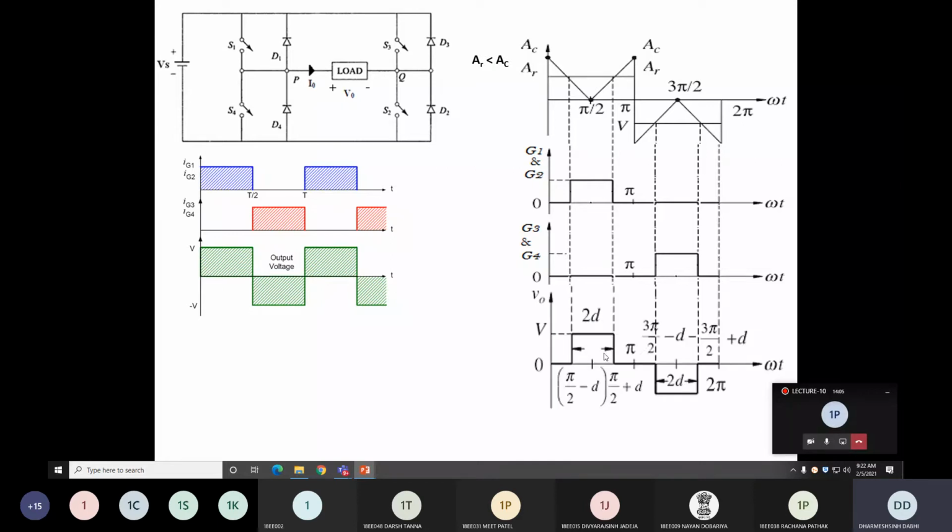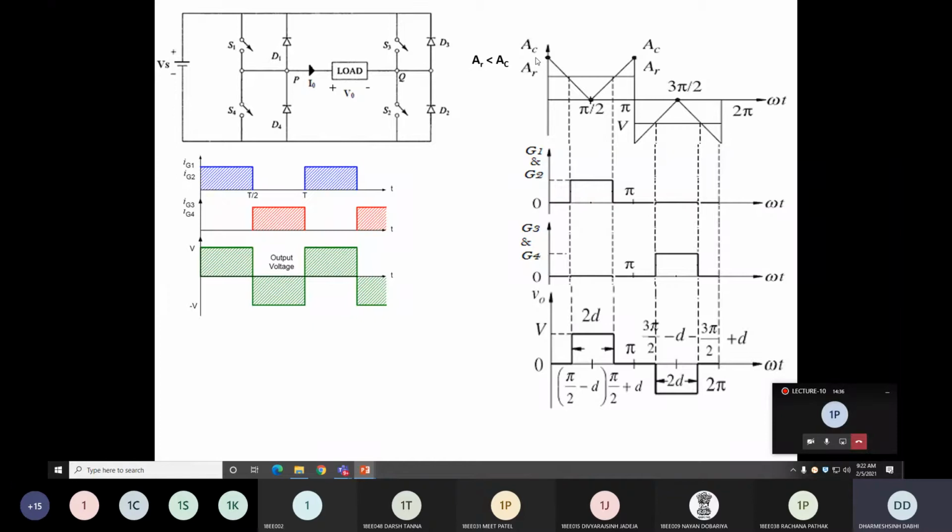Assume that the width of this pulse is 2. One thing to remember is that the peak magnitude of the carrier wave is indicated by AC, and the peak magnitude of the reference signal is AR. This AR is always less than AC. It means the peak magnitude of the carrier signal is always higher than that of the reference signal. For any PWM technique, not only single pulse, this rule is fixed.